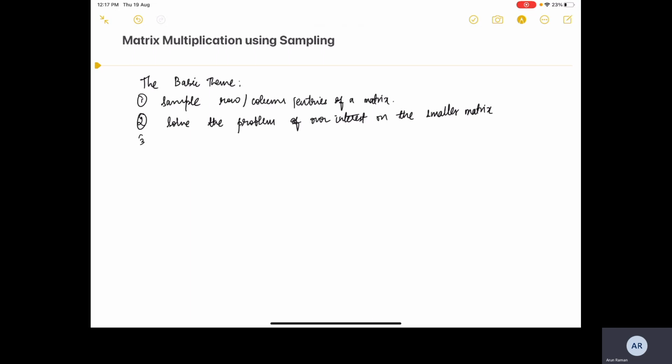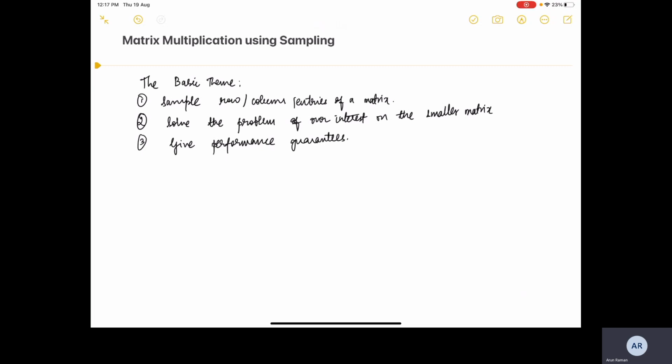And in the third step, we have to give some performance guarantee. So this is the general thing.